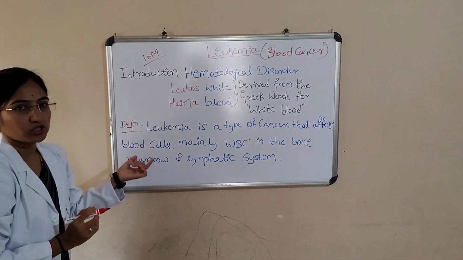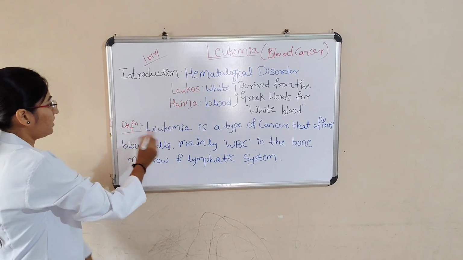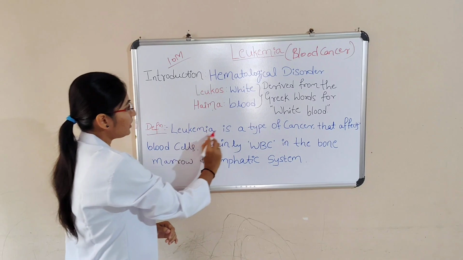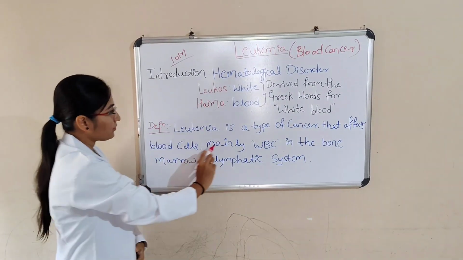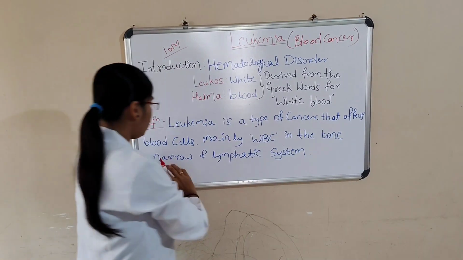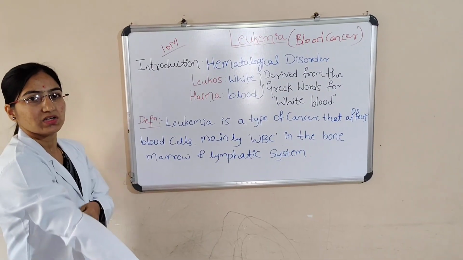Next, we will see the definition. Leukemia is a type of cancer that affects the blood cells, mainly WBCs in the bone marrow and lymphatic system.